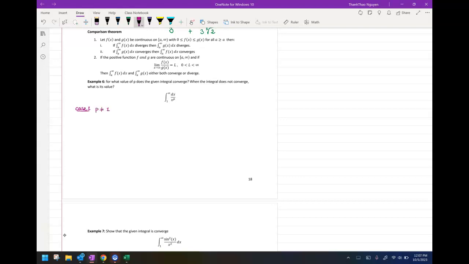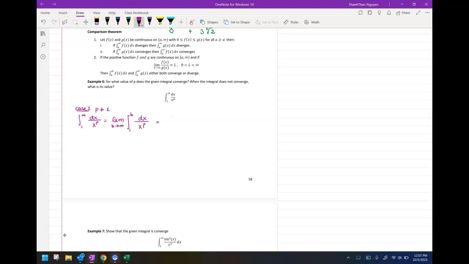Okay, when p is not 1, I'll have this integral from 1 to infinity of dx over x to the p, which equals the limit as b approaches infinity of the integral from 1 to b of dx over x to the p.